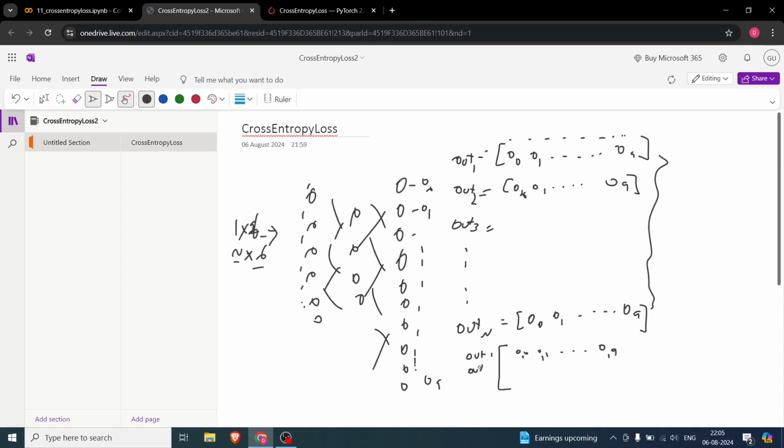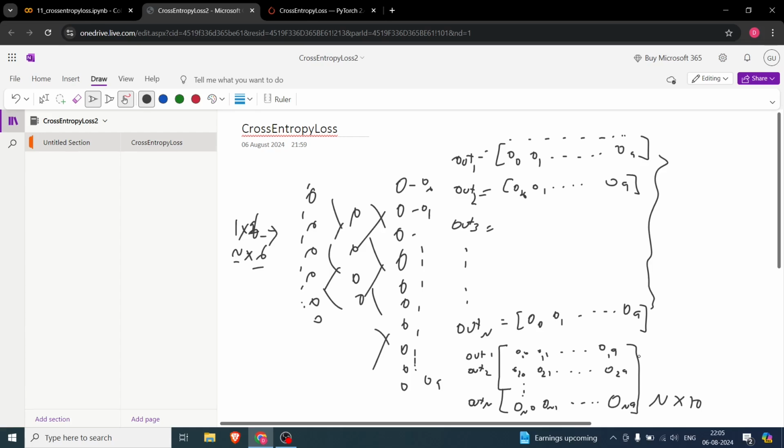Out of 2 will be O of 20, O of 21 up to O of 29. And similarly, you will have out of n: O of n0, O of n1 up to O of n9. What is the dimension of this? This is n cross 10. Why 10? Because it starts from 0 and goes till 9, so it is 10. Now I hope you have understood this.